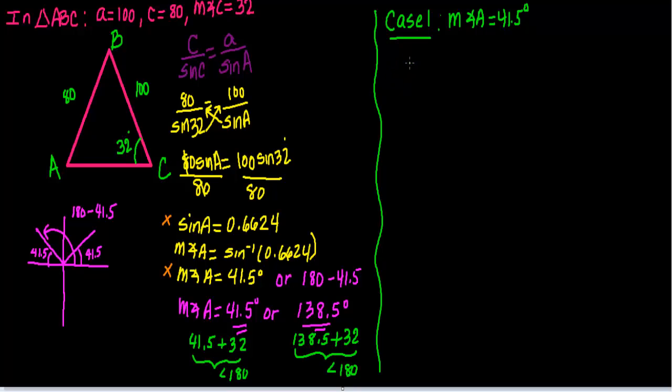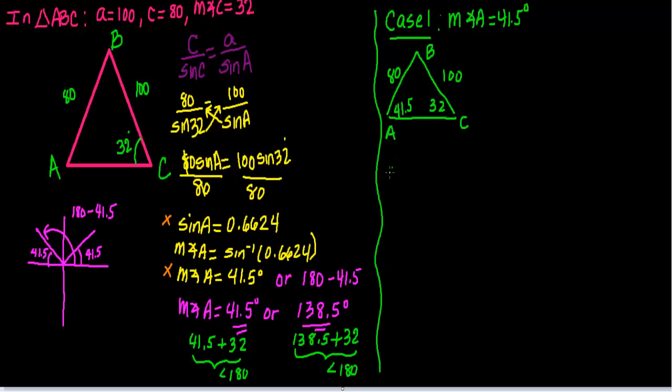So for this triangle, let me draw this triangle here. I'm saying that this angle is 32 and that this angle is 41.5, okay? And that this side is 100 and this one is 80. That's the first case. So let's solve this triangle. What are we missing here?